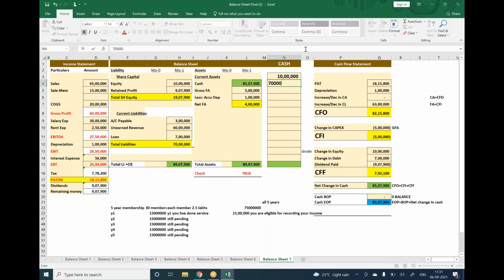It will be plus. You have spent on assets, 5 lakhs. Minus. You have paid dividend to the shareholders, so it's gone out of the pocket.